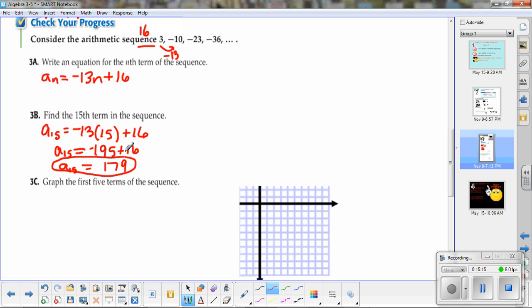Now, if I wanted to graph the first 5 terms, I'm going to go ahead and count by ones on my x-axis. And on my y-axis, since these numbers are fairly large, I'm going to go ahead and probably count by tens.